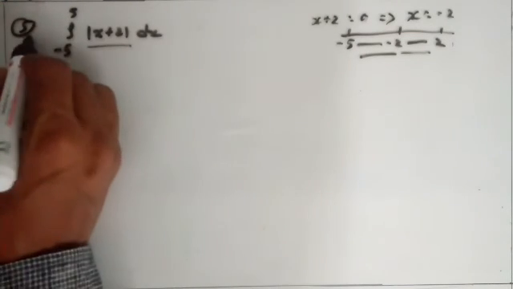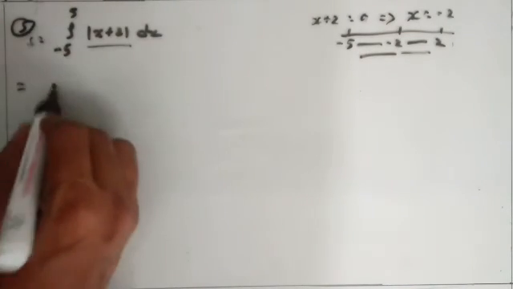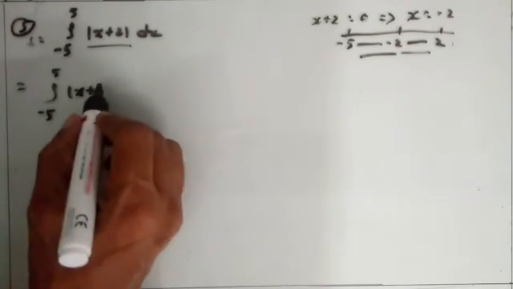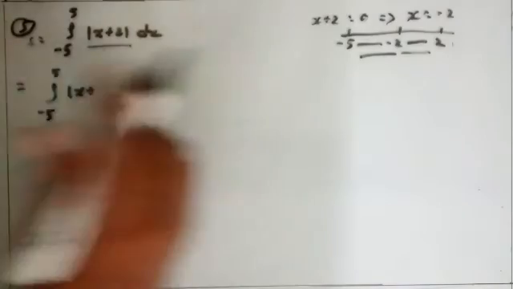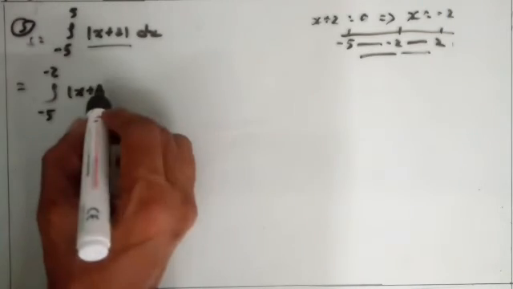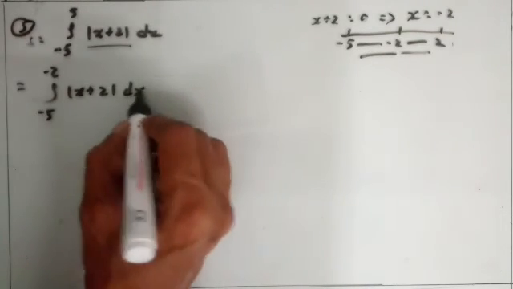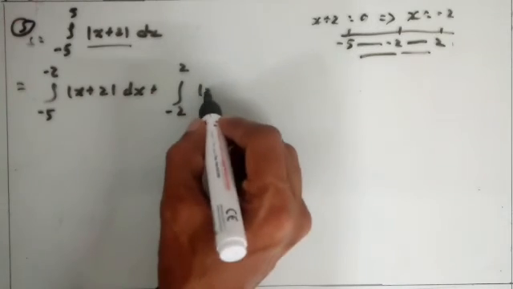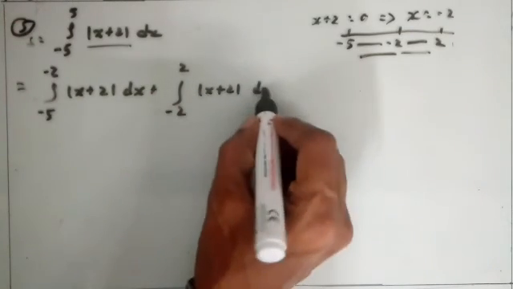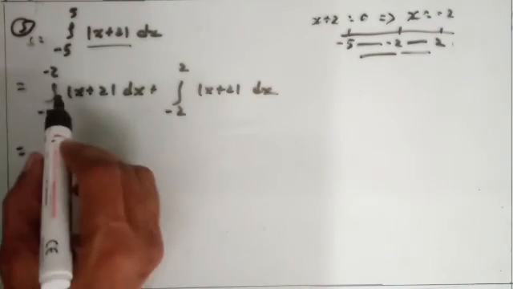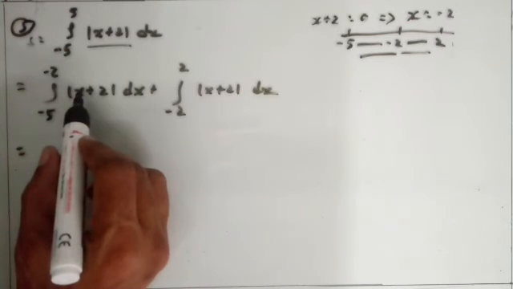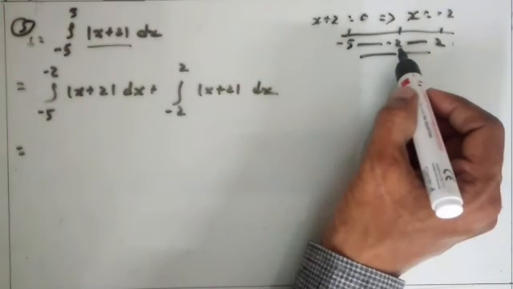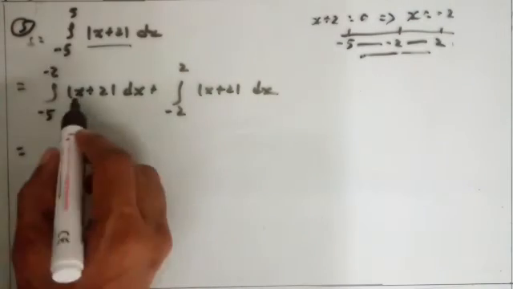So this integration, minus 5 to 5 of mod of x plus 2, is equal to minus 5 to minus 2 plus minus 2 to 5 of mod of x plus 2 dx. Now x plus 2 between minus 5 and minus 2, that is, where x is less than minus 2, becomes negative.